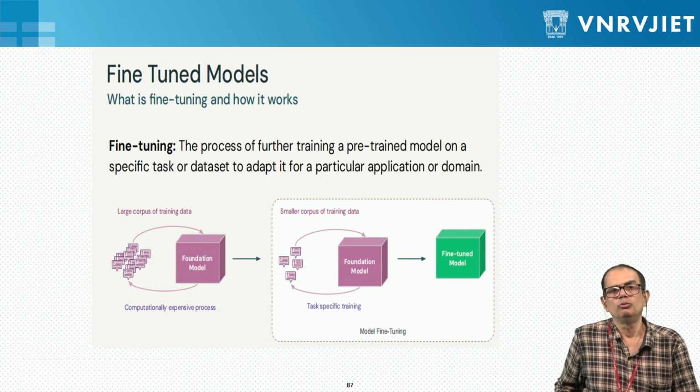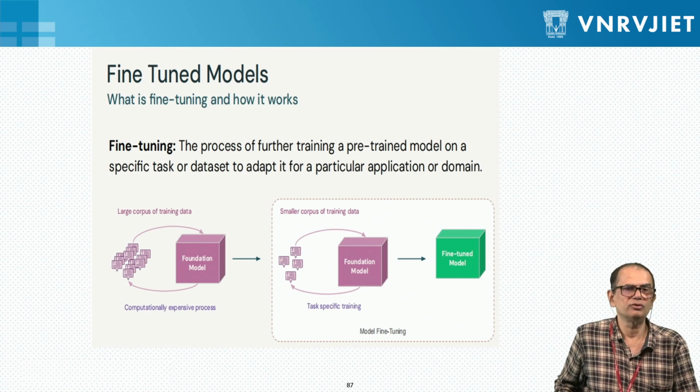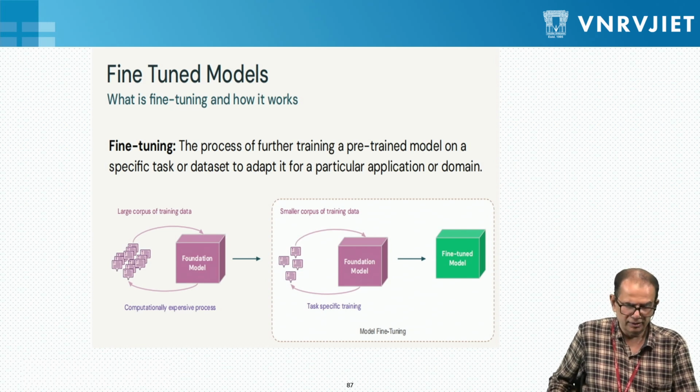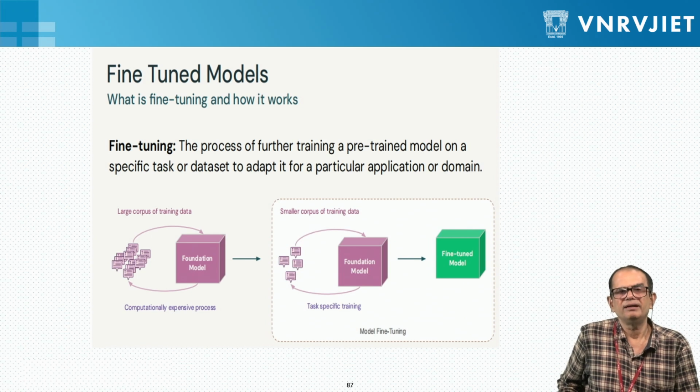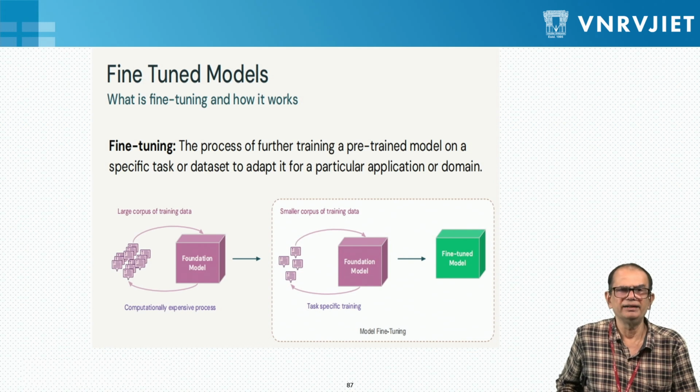Now, one more thing we need to mention here is the fine tuning of models. When we fine tune a model, we have a model that is for a specific task only. Let me take a simple example. When we are purchasing medical data and we have a health LLM, we can take it for a disease which is specific to Africa, for example.